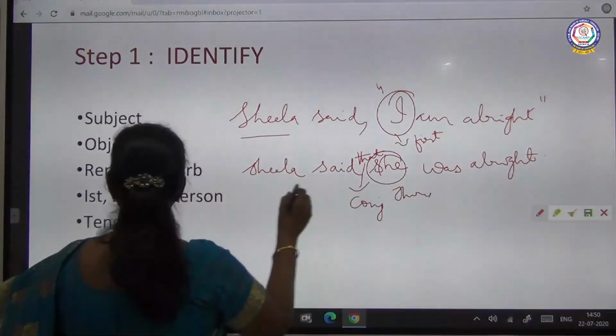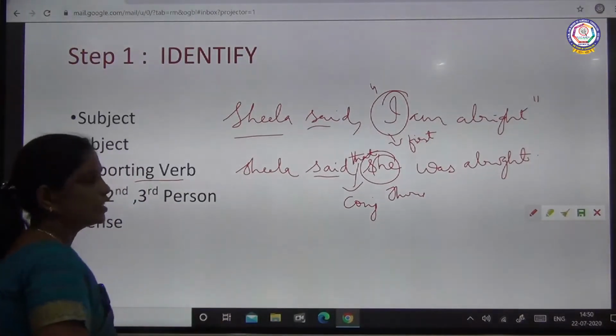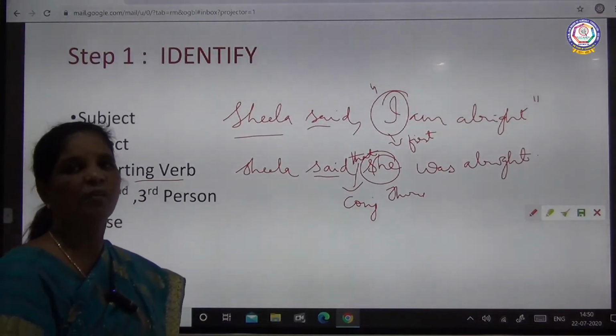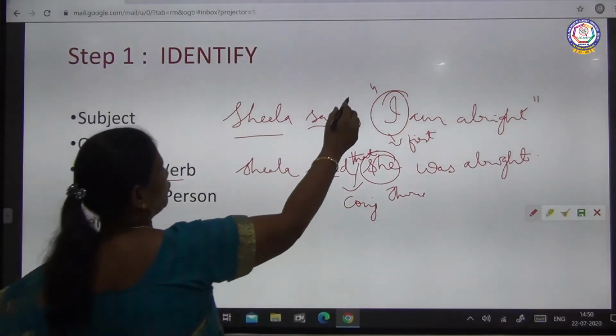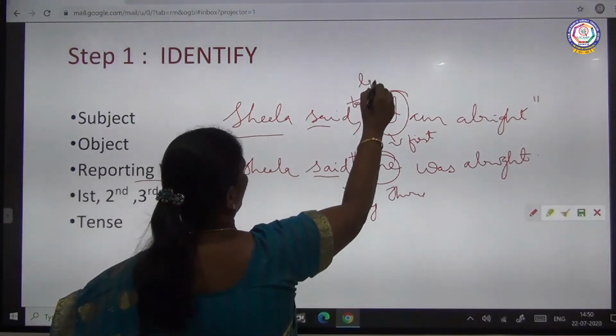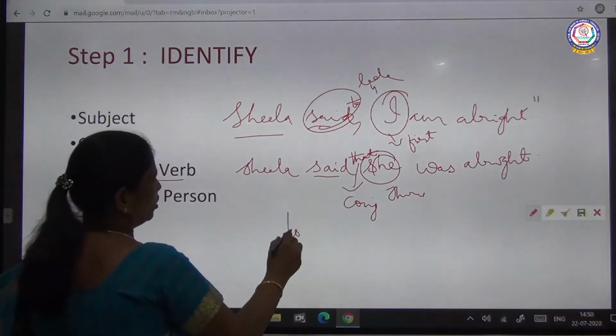So there will be a change in the reporting verb. "Said" is there, so you wrote "said" only. Some places there won't be changes, but mostly there will be a change. Suppose Sheila said to Leela, if you have the same sentence with Leela, then you will be changing "said" to "told".